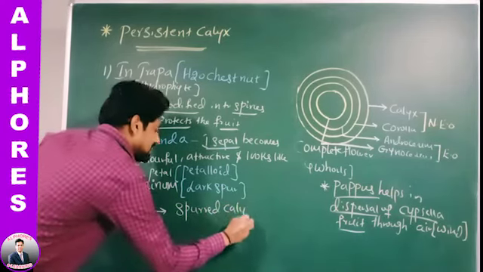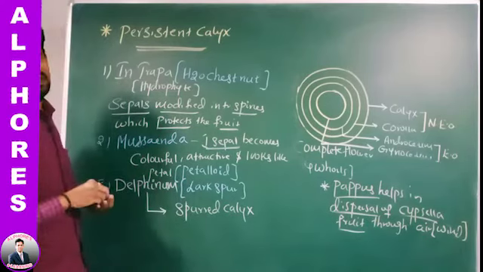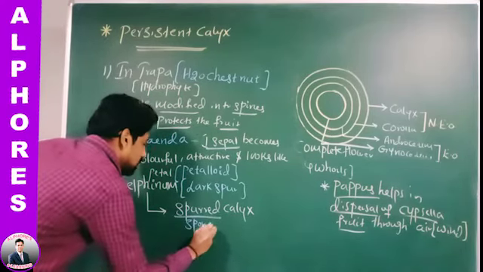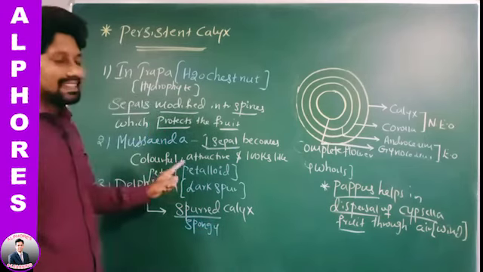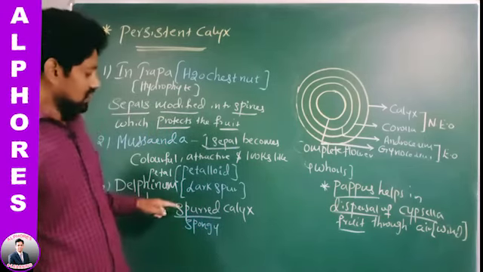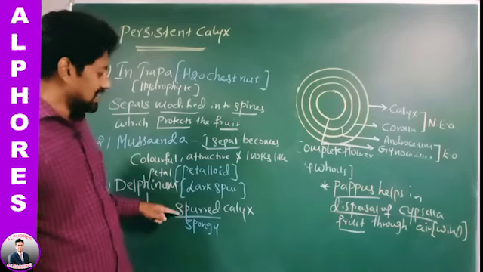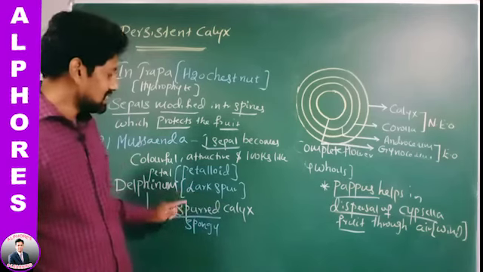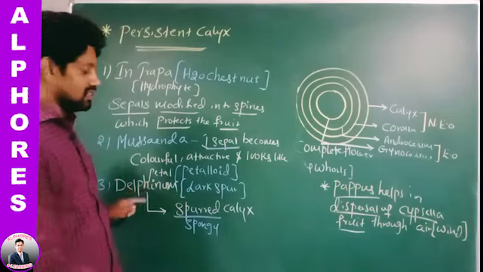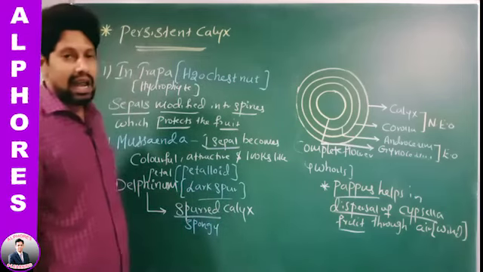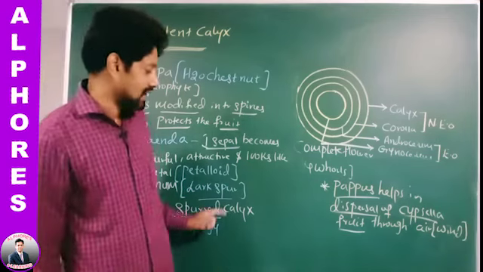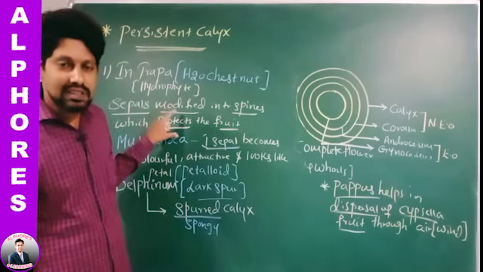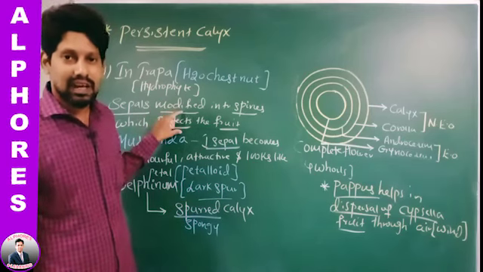What is the meaning of spurred, sir? Spurred means having a spur. Such a calyx is called a spurred calyx. As the calyx is spurred, this delphinium is commonly called larkspur. L-A-R-K-S-P-U-R. Okay, with this we completed calyx, right?